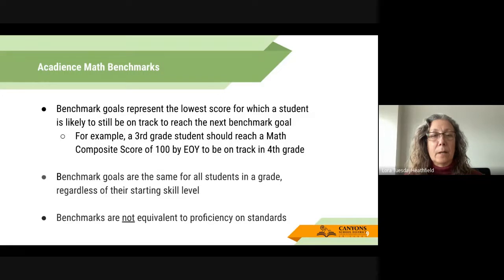An example of that is a third grade student should reach a math composite score of 100 by the end of the year to be on track for fourth grade math. And benchmark goals are the same for all students in a grade, regardless of where they start at the beginning of the year. But they are not equivalent to proficiency on standards. They're simply predicting the next benchmark goal.